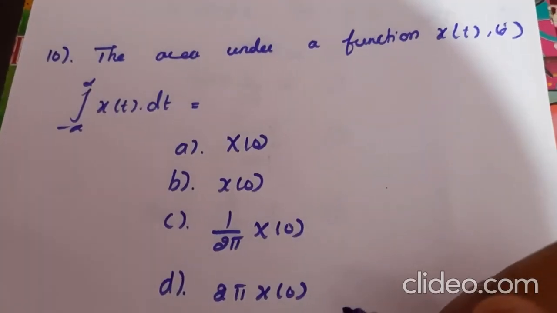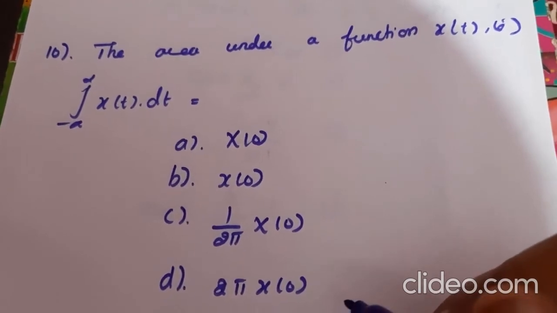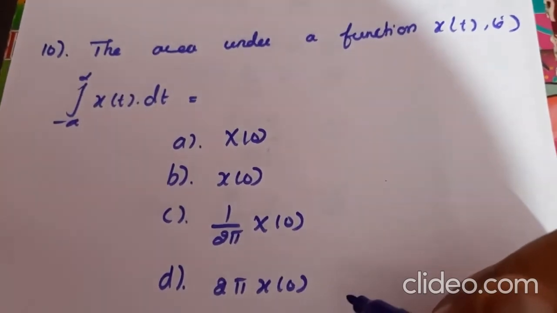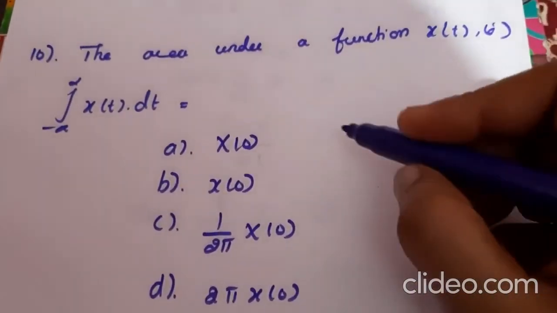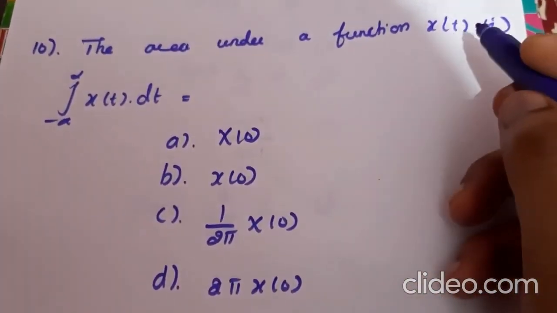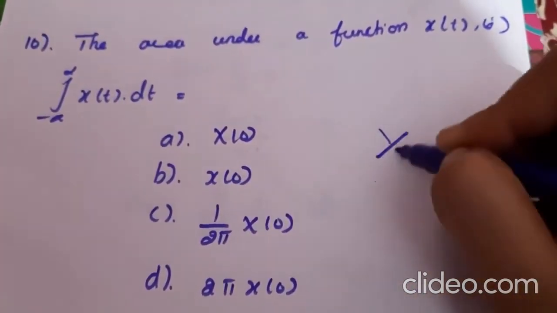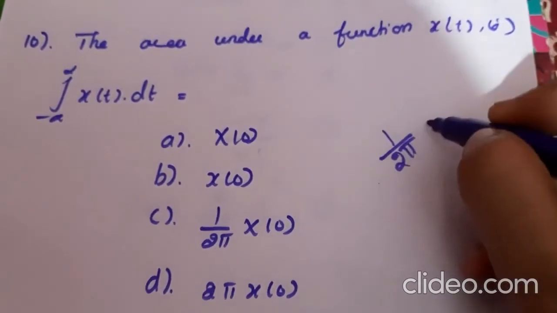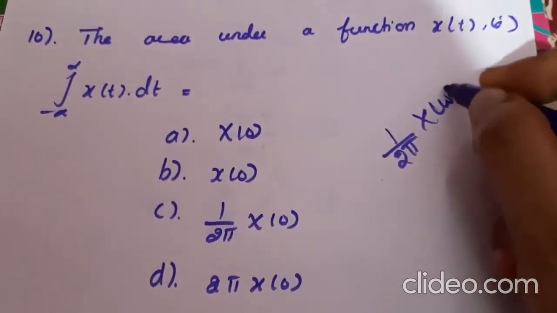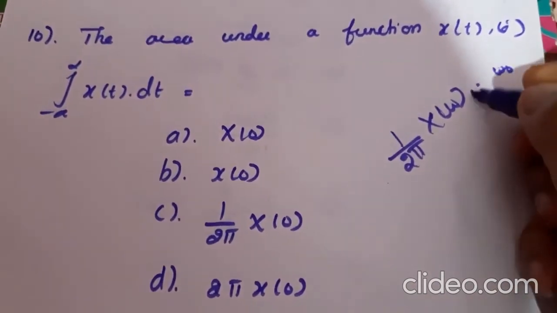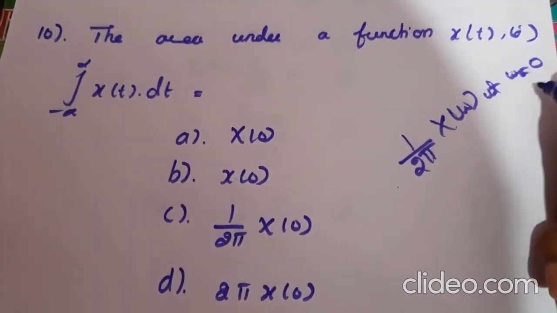10th question, the area under a function x of t, that is the integration from minus infinity to infinity of x of t dt, is, and always the area under a function x of t is equal to the Fourier transform X of omega at omega equal to 0.